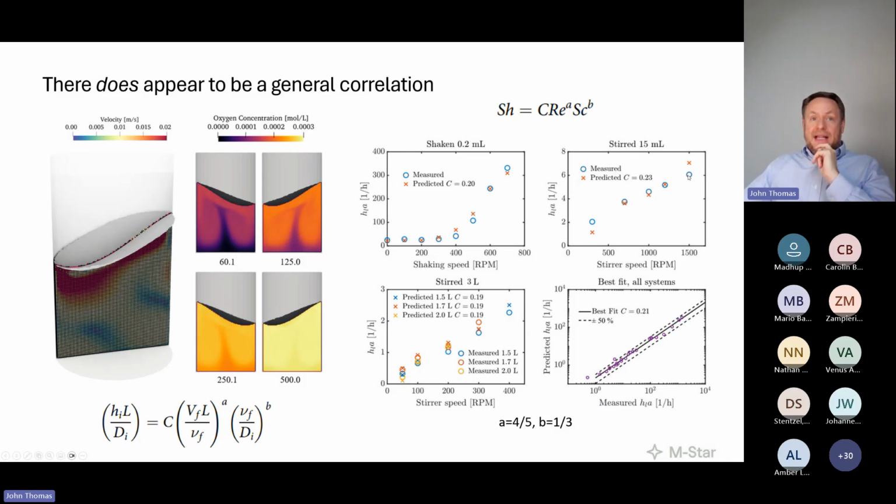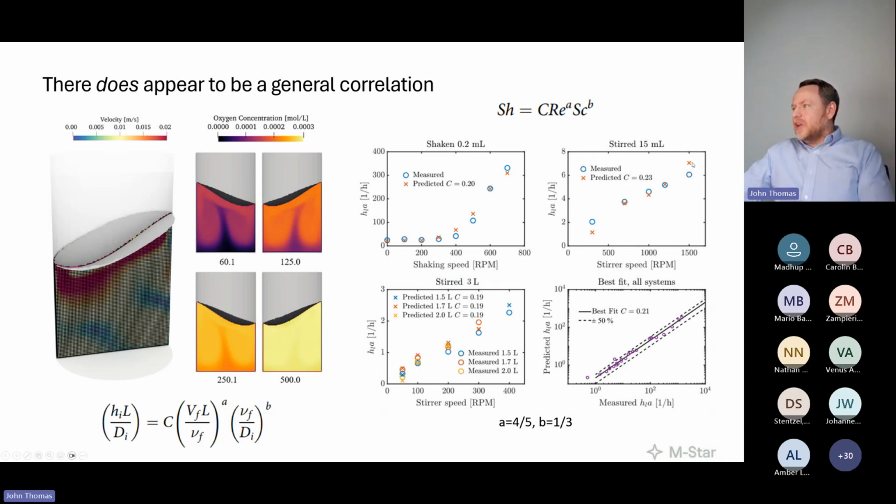If my apparent KLA is 10 and I'm just sparging gas, I might misappropriate that KLA to the bubbles, give them credit for work they didn't do, and not give the free surface the credit it should have had. I'm not talking about trying to be fair here. I'm talking about if we're misappropriating mechanisms of mass transfer, we're going to scale up improperly. But at the end of the day, not bad.